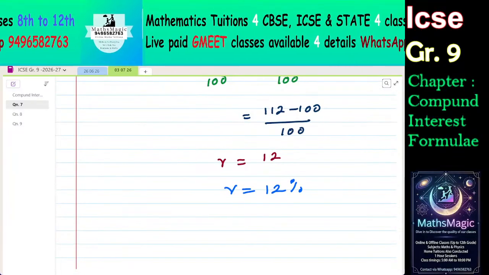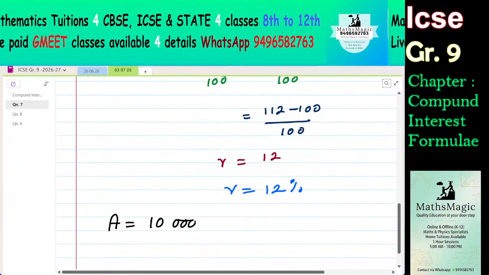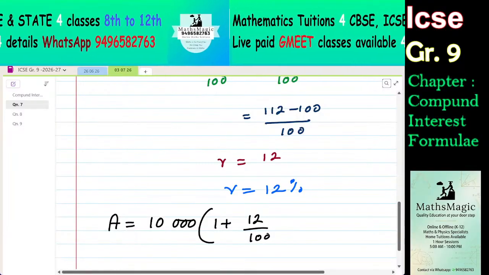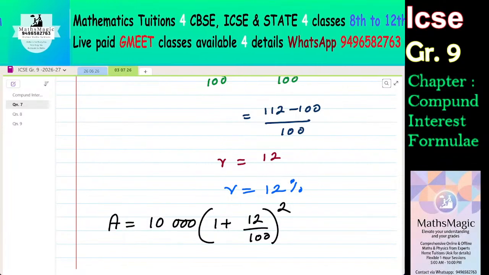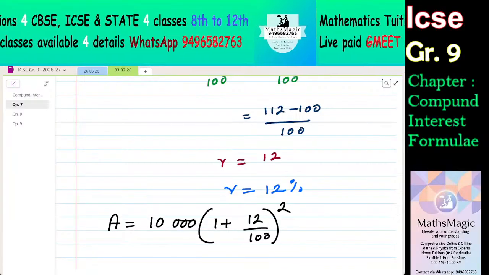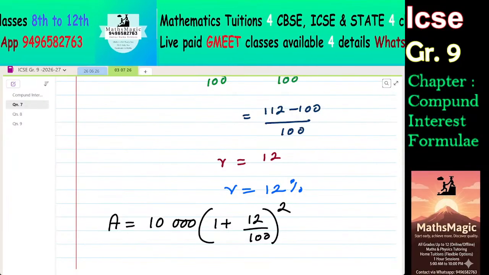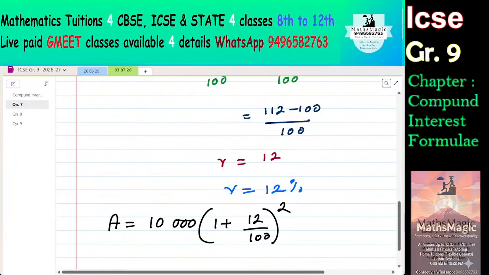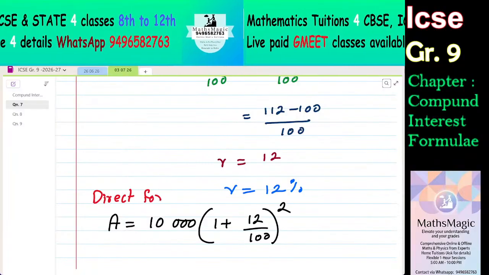Now the new amount A equals P into 1 plus 12 by 100 whole square. So this is the direct formula.